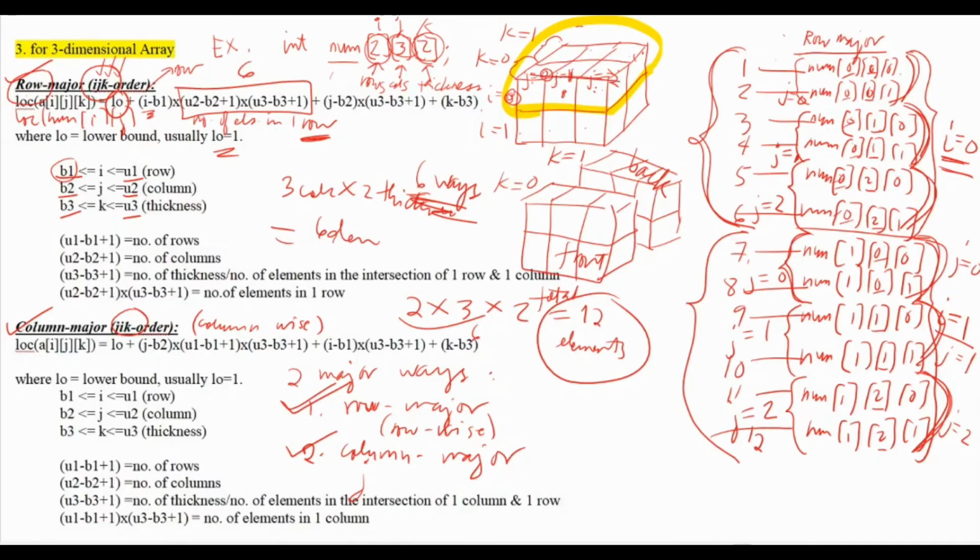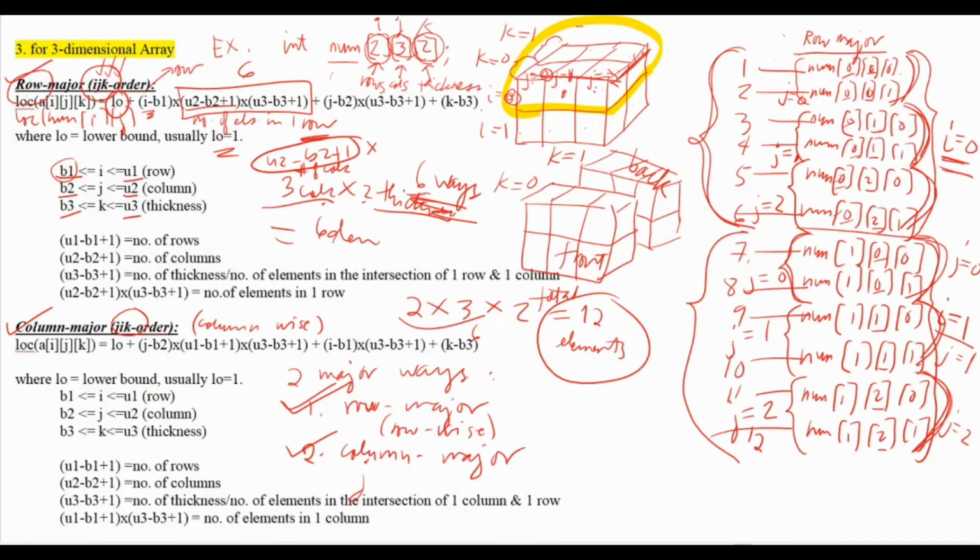This is 3 elements here and 2 elements there. That is one row. Now, how do we get the number of columns and the number of thickness? The number of columns is simply this one, right? U2 minus B2 plus 1. That is the number of columns.